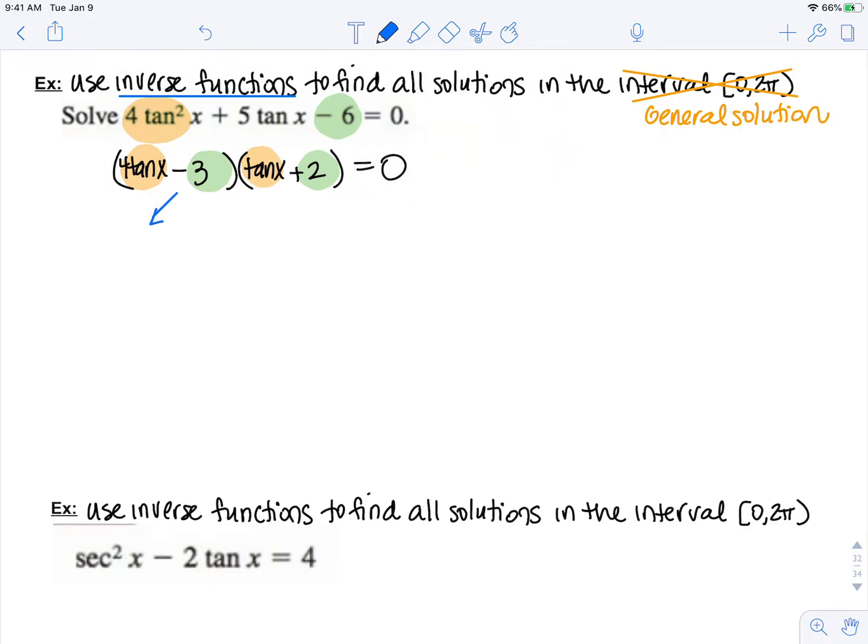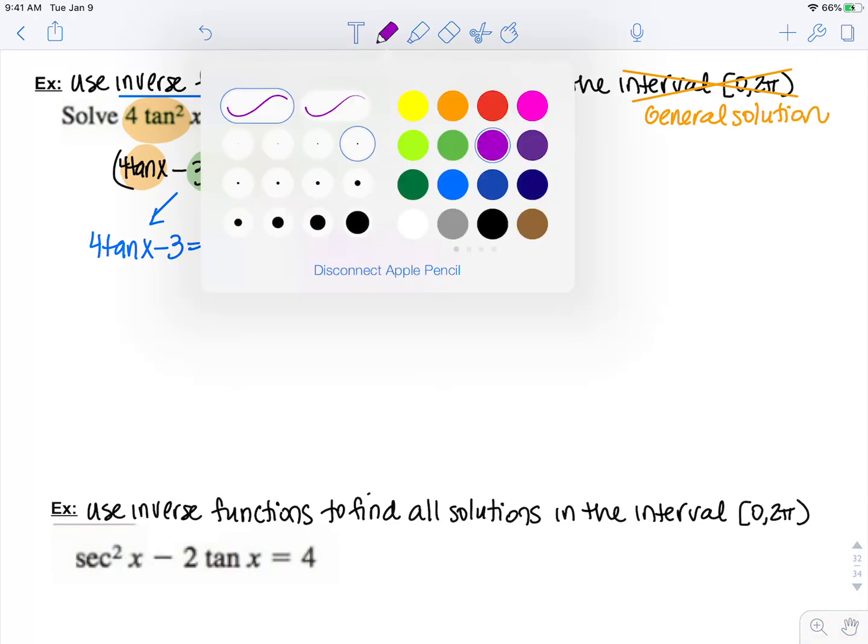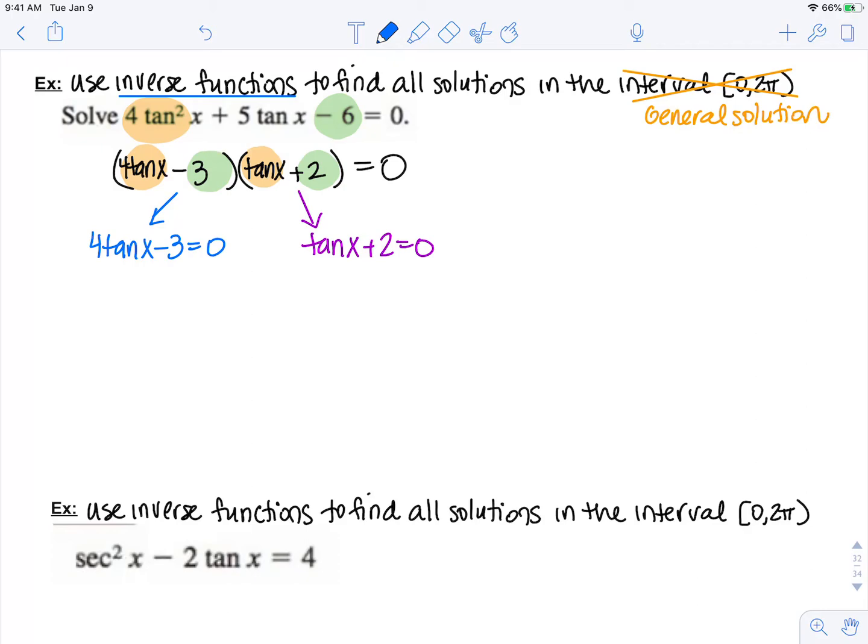So now I have two equations. 4 tangent x minus 3 equals 0, and tangent x plus 2 equals 0. So for both of these, I need to isolate tangent first. Tangent x equals 3/4, and here tangent x equals -2.